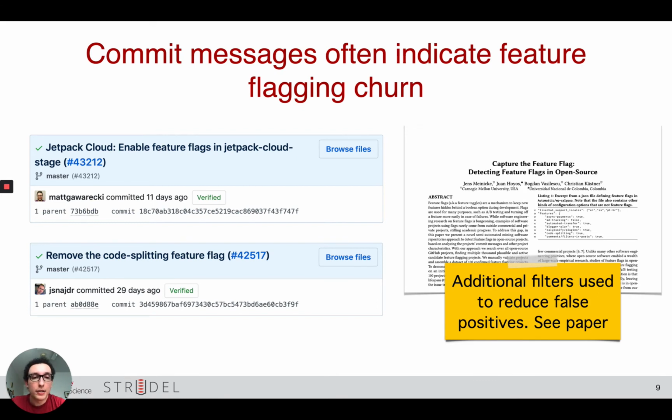There are lots of caveats here. We applied lots of additional filters to reduce the false positives that this keyword-based approach on commit messages would result in. You can find all of these details in the paper. I won't have time to go over them in the talk right now.